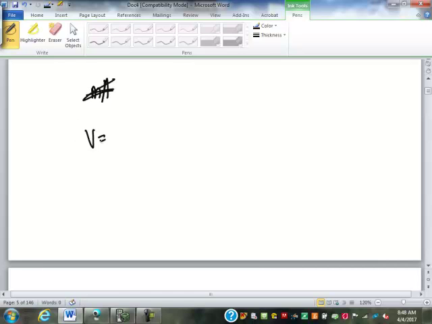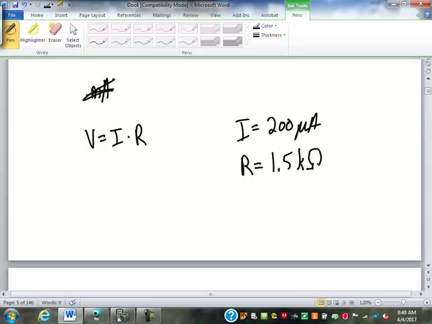Your voltage is equal to current times resistance. Find the voltage when your current is 200 microamps and your resistance is 1.5 kilo ohms. See if you guys can remember how to do that.